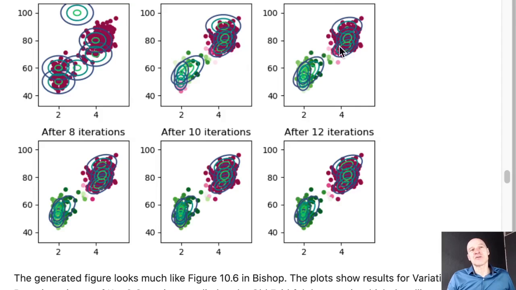And after 6 iterations, the posterior Q of Z over the class labels becomes even more clear. You can keep going. In the end, you will just end up with 2 classes. 4 of the clusters will just disappear. You get 2 clusters, and also a good posterior, for each observation it's going to be very clear it belongs to this class or to the other class.